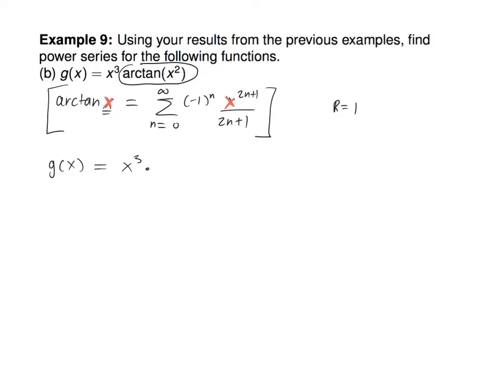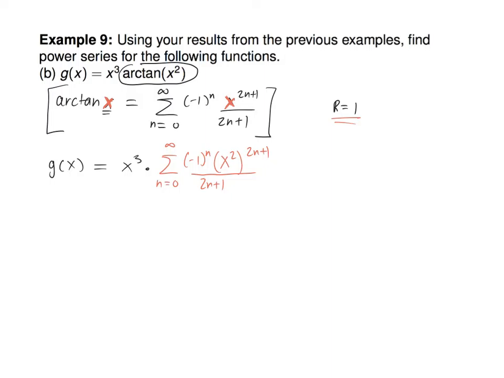Like if you want to find arctan of 5, you could plug in 5 for x, right? Actually, you can't plug in 5 for x because 5 is outside this range. If you want to find arctan of 0.25, you could plug in 0.25 for x. Okay, so this becomes the sum, n equals 0 to infinity, negative 1 to the n, x squared to the 2n plus 1 over 2n plus 1.